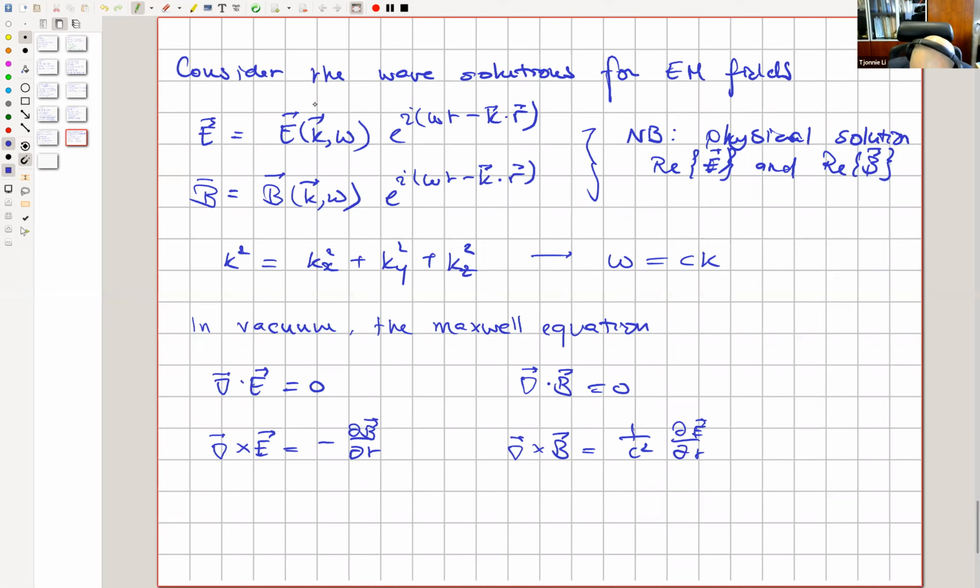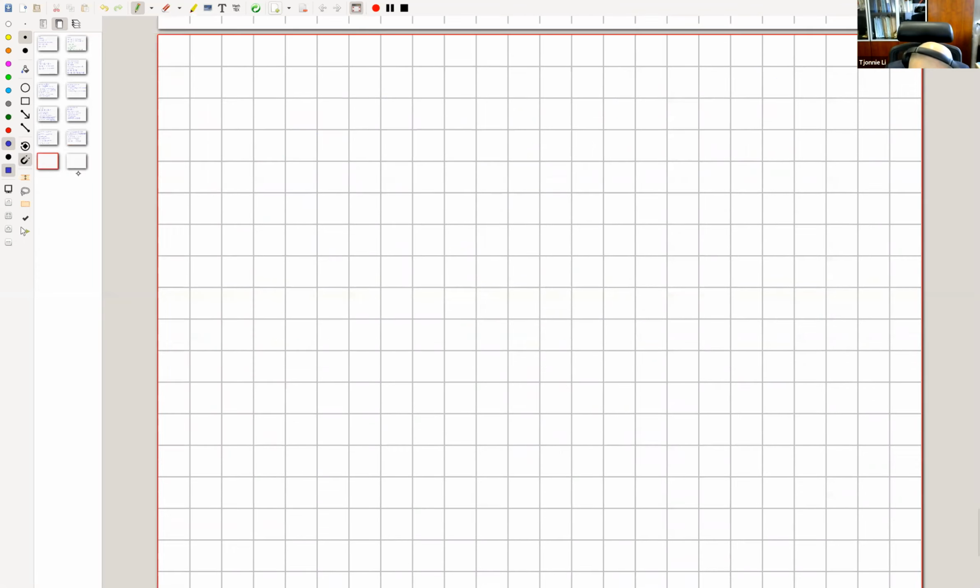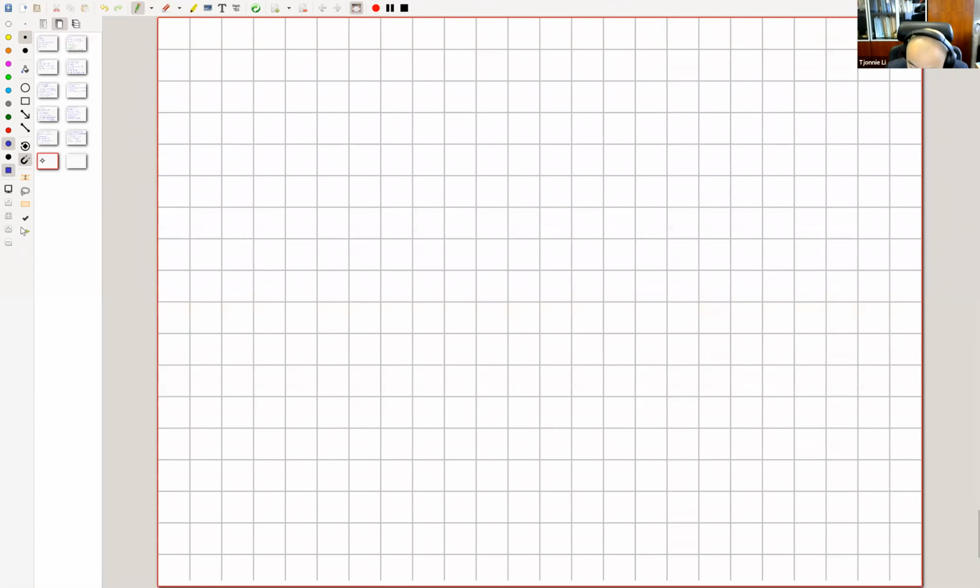First, we take this solution here, let's say the electric field, and let's consider this equation here, the divergence of E equals 0. So that would be the divergence of E(ω) e^{i(ωt − k·r)}.